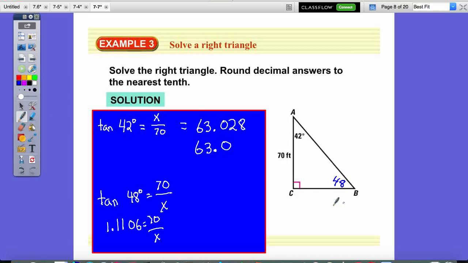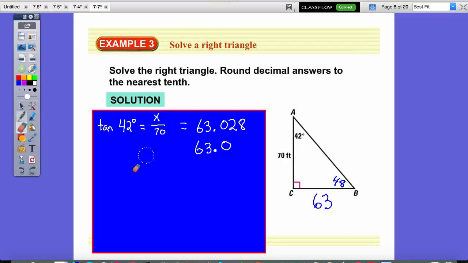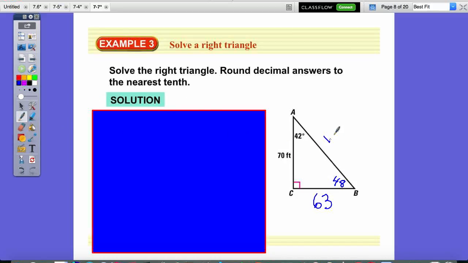Now I could use Pythagorean theorem to solve this, but because of rounding, what is going to be best is to use trig ratios. Trig ratios are going to always be the most exact. So now I'm going to call this y.